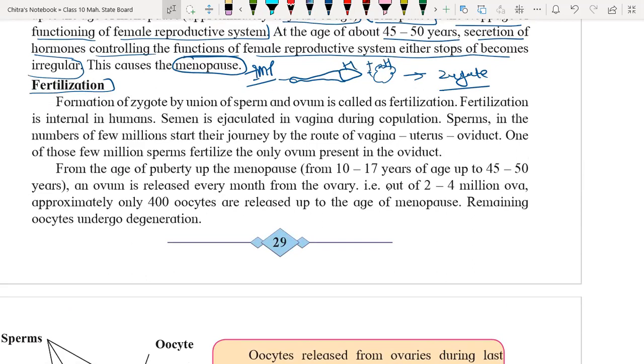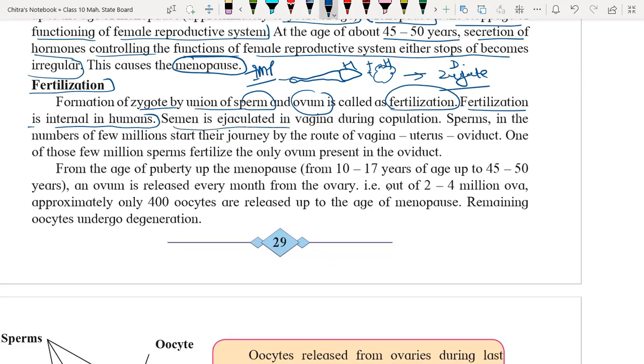So when two haploid cells combine, they form a diploid zygote. The formation of a zygote by the union of sperm cell and ovum is called fertilization. Fertilization is internal in human beings because it takes place inside the human body.